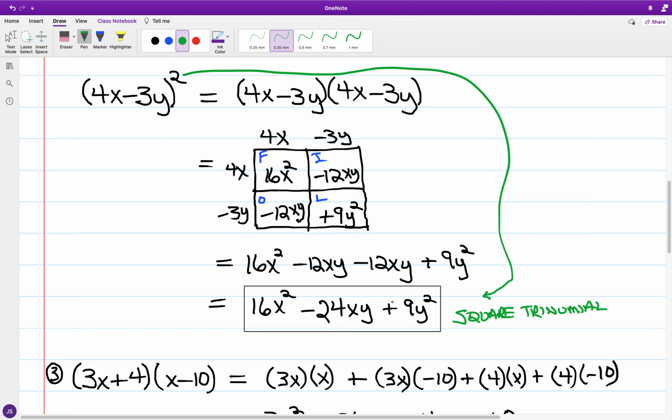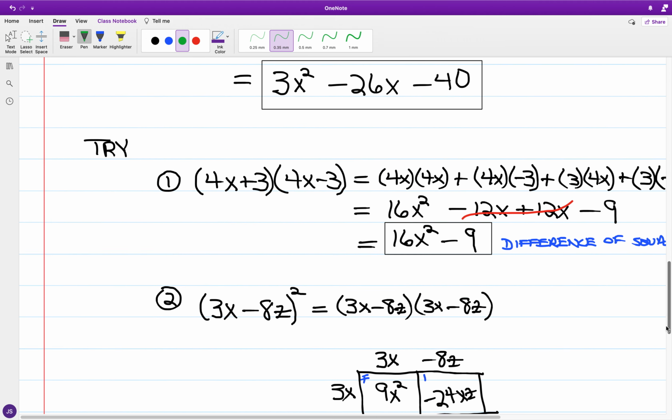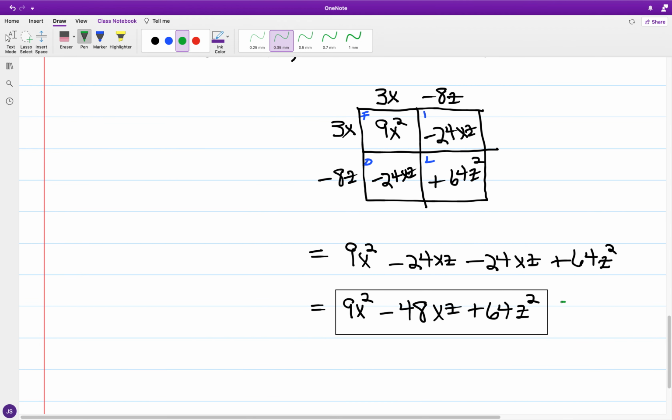In other words, the squared trinomial, if you factor, comes out to identical binomial expressions in factoring. Same thing here.